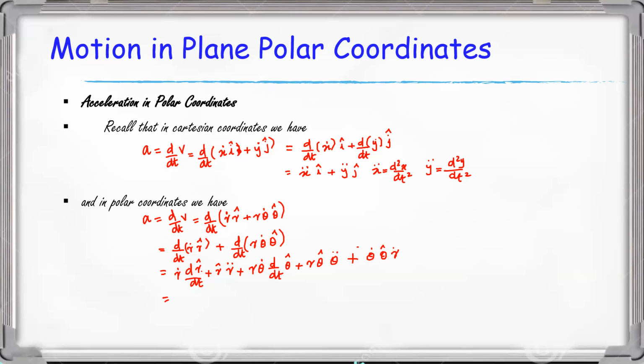Here we substitute. We know that d by dt of r cap is equal to theta dot theta cap.